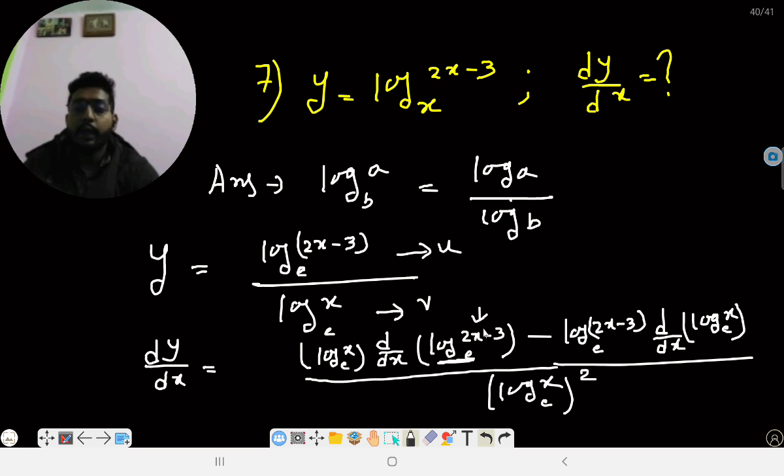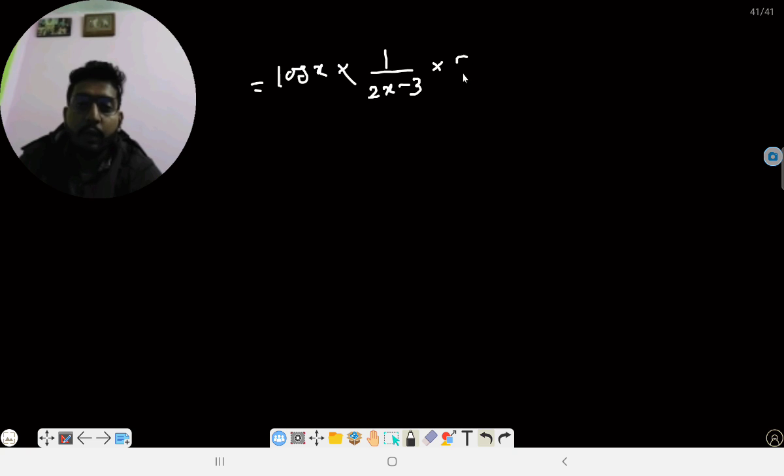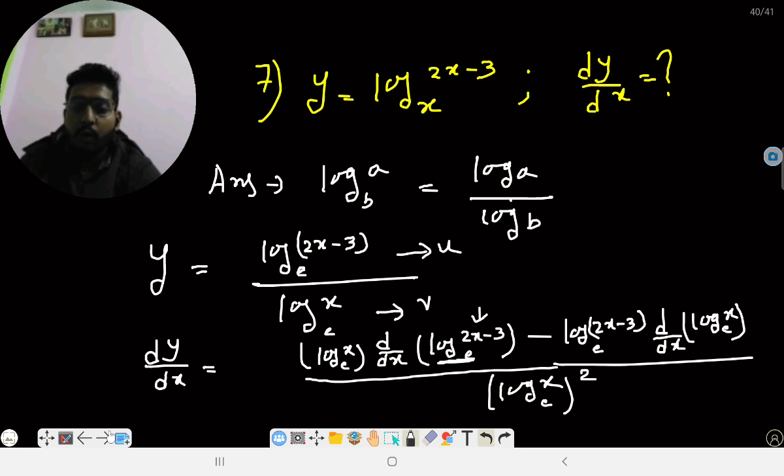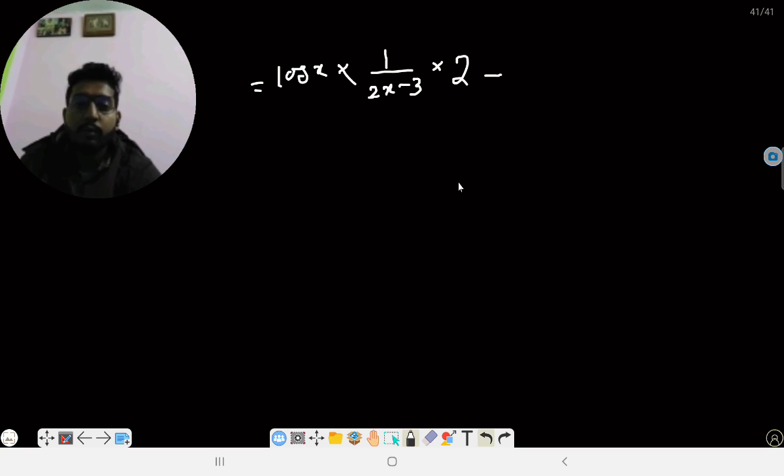So 2x, the differentiation of x is 1, so that will be only 2, minus again it is log 2x minus 3, and differentiation of log x is 1 by x, so that will be log 2x minus 3 base e into 1 by x, like this.